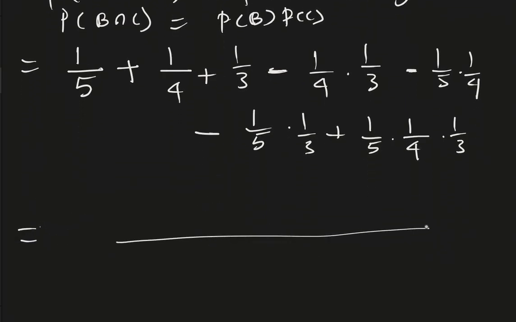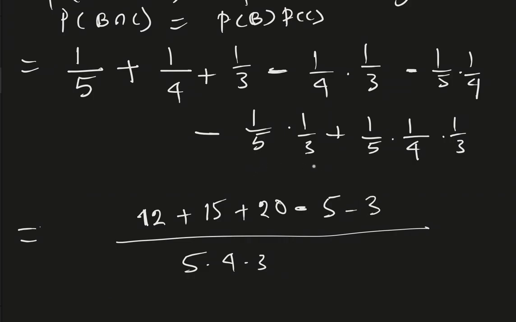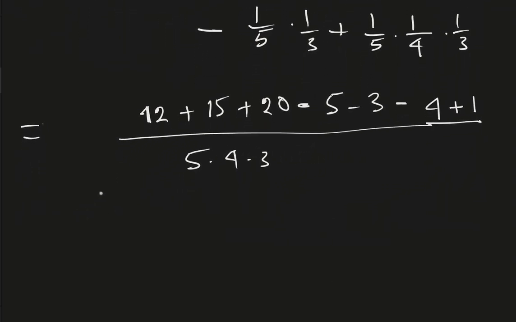So then it will be 5 into 4 into 3 in the denominator. So 4 into 3 is 12, plus 4 into 5 is 20... plus 3 into 5 is 15, minus 3, minus 4, minus 5, plus 1.